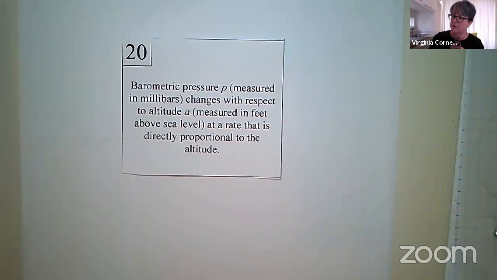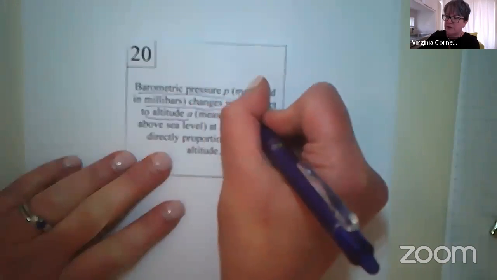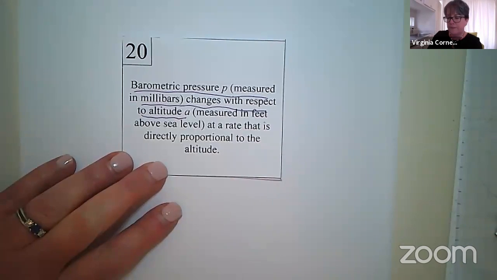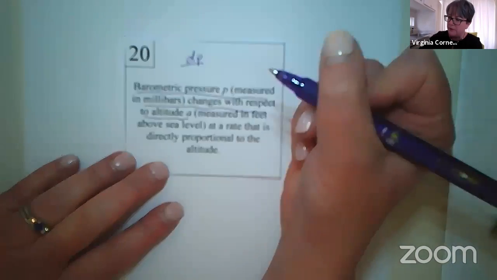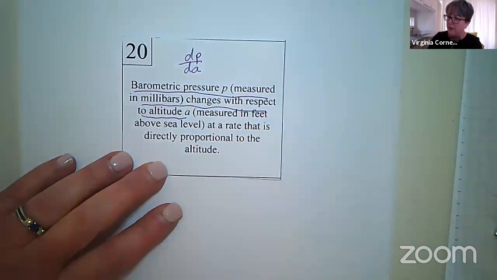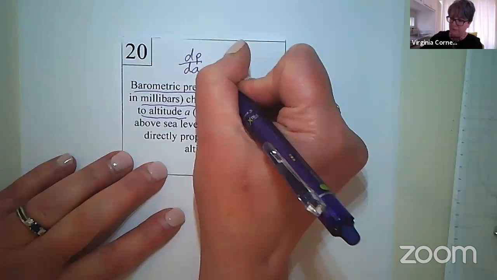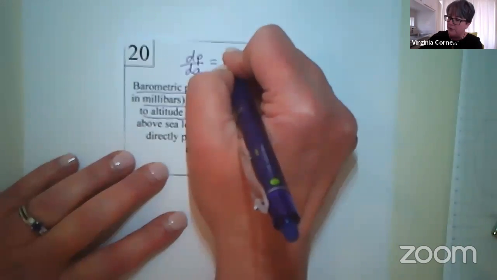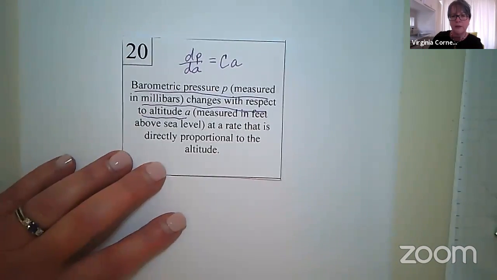How nice, at the very end here, we have a very explicit dP/dA. dP, change in the barometric pressure, divided by dA, change in altitude, is equal to, this rate is directly proportional to the altitude. So we can write CA if we want, or we can write KA or anything like that.